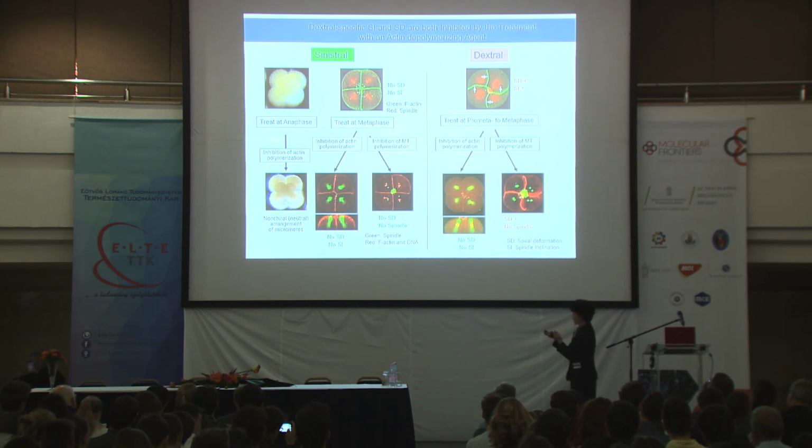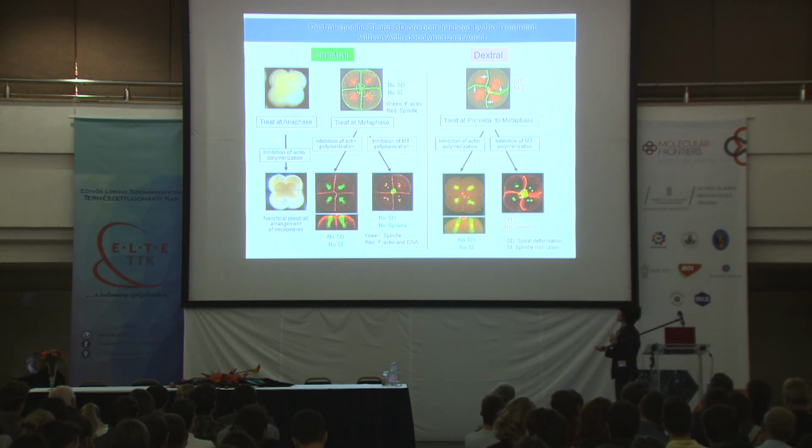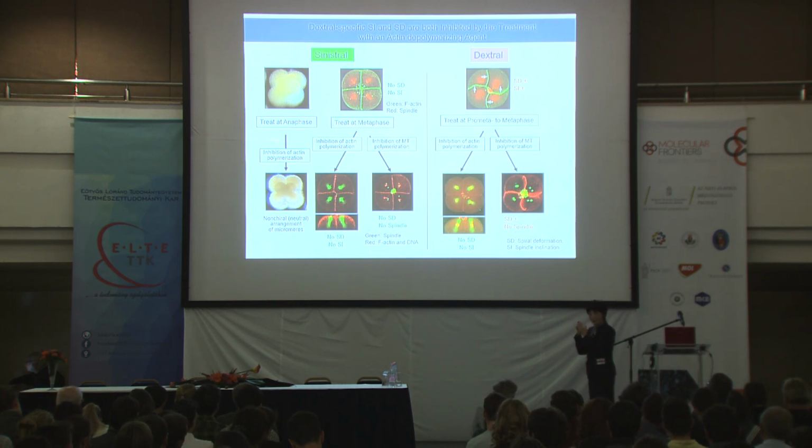We can clearly show there is no actin because actin polymerization was inhibited, and there's no inclination of the spindle. For this one, we inhibited microtubule polymerization, so there are no spindles formed, but you can see a beautiful spiral deformation. So actin comes first, then the spindle tilts.